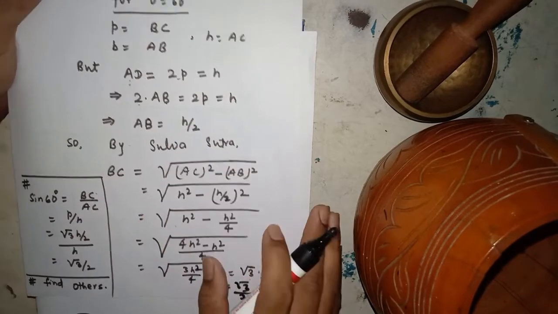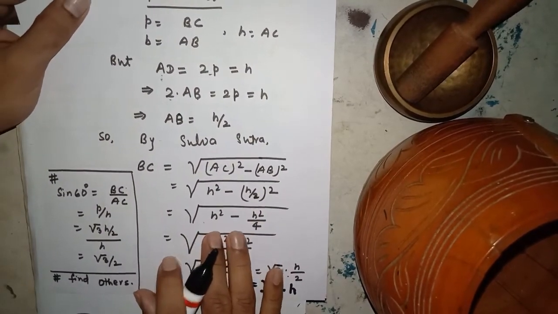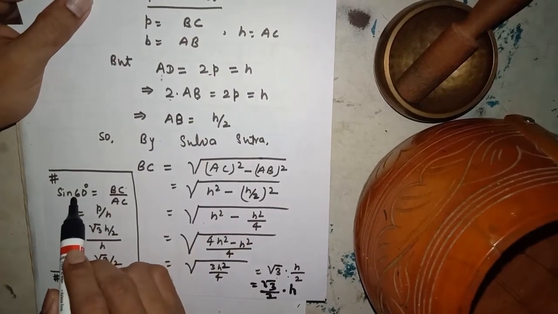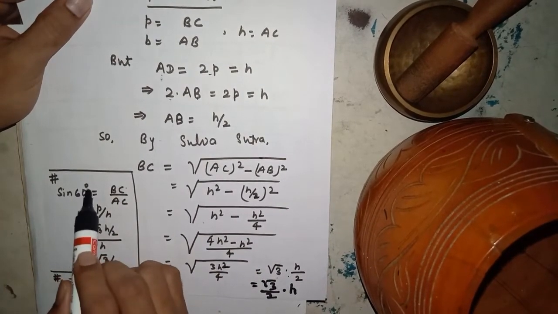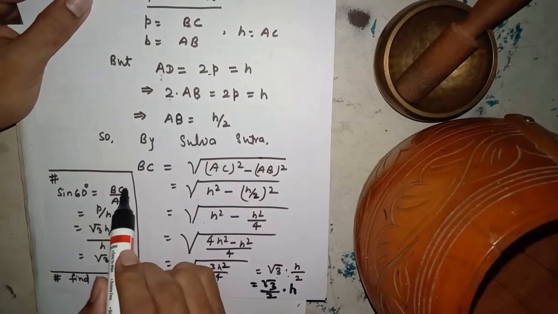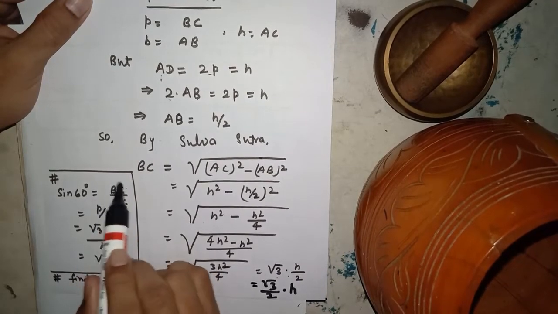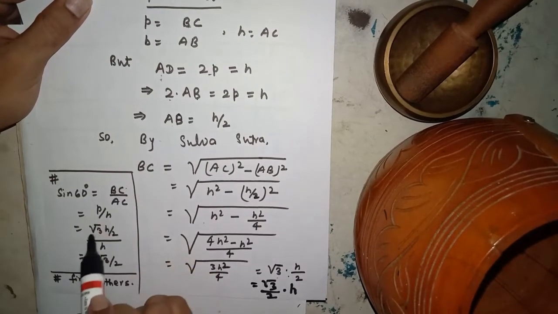Now put this value in the trigonometric ratio. We can find the value of it. So here I am putting sine 60. I take the consideration here the angle is 60, and sine means P by H. P is here BC and H is here AC, and we have already got the result of BC.